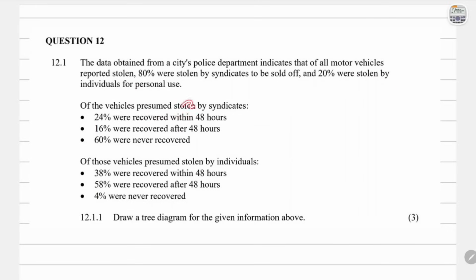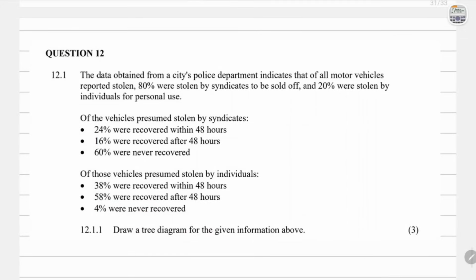Of the vehicles presumed stolen by syndicates, 24% were recovered within 48 hours, 16% were recovered after 48 hours, and 60% were never recovered. Of those vehicles presumed stolen by individuals, 38% were recovered within 48 hours, 58% were recovered after 48 hours, and 4% were never recovered. And we need to draw a tree diagram for the given information above.